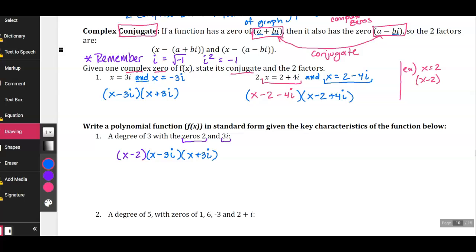You're right, the i's will cancel. However, if I had instead replaced those factors with this, what do you notice this is an example of? Difference of squares. Oh my God, difference of squares pops up again. So we know that if these are our factors, our original quadratic is just the square version of all of these terms.